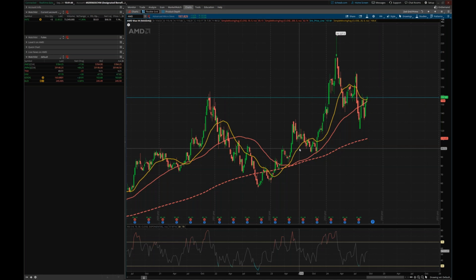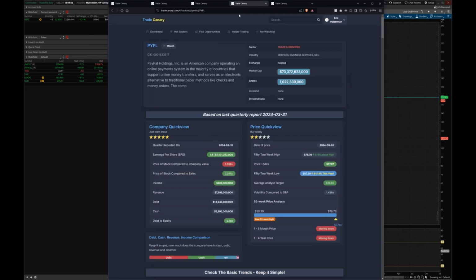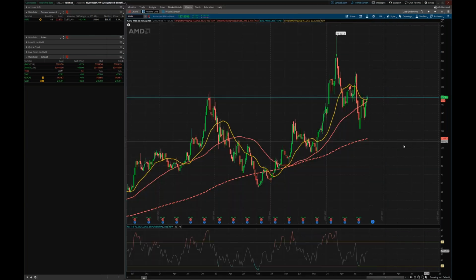Now they're trying to find things that time with a technical, as well as are represented by a solid company like you're going to see in Trade Canary. You know, PayPal, absolute domination, 5-star. So those automated buying machines, they're looking at that fundamental piece, and they're looking at the price from a technical perspective. That's why you see it starting to line up here like this.